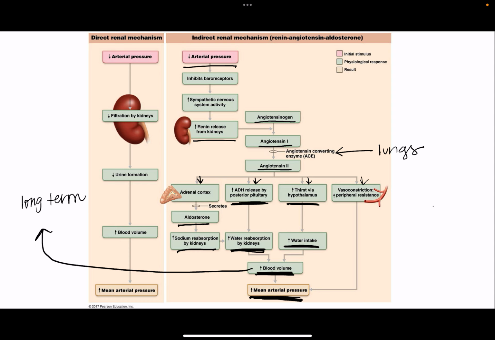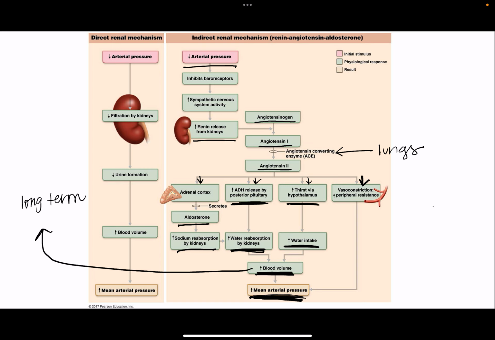But angiotensin 2 is also going to target your vessels and cause vasoconstriction in your arteries, which will also cause an increase in blood pressure. But it's not changing blood volume. All it's doing is causing vasoconstriction to increase blood pressure.